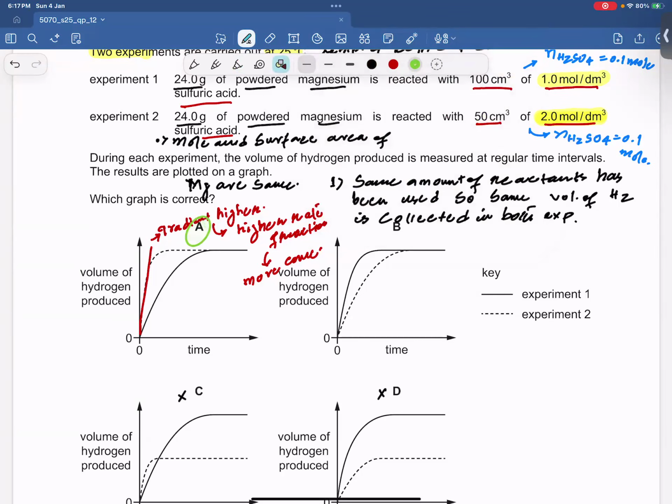Also in experiment 1, the gradient is lower, which will lead to lower concentration and consequently lower rate of reaction.